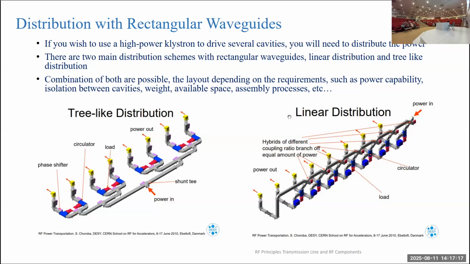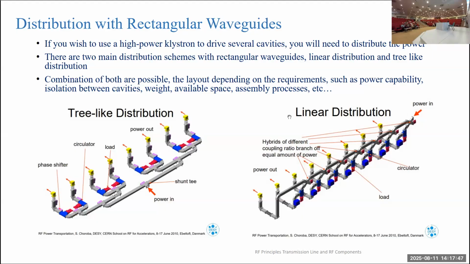The circulator dumps the RF which is reflected back from the accelerating structure, and the directional coupler measures the power which is injected into your accelerating structure and the reflected back part. It has dual ports. It's called a dual directional coupler because the power going inside is measured, and the power reflected back from the cavity is measured. That's why it's called dual directional.